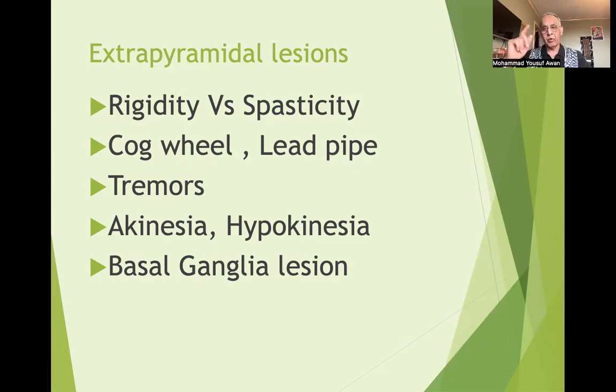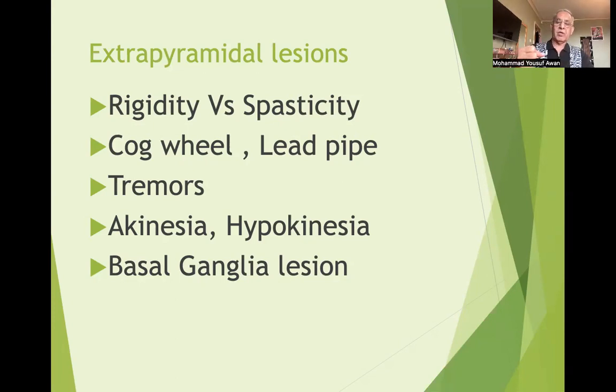With the upper motor neuron sign or the pyramidal tract sign, like I mentioned, the tone is increased. But in upper motor neuron lesion or pyramidal tract lesion, the tone is increased in the flexors of the upper limb and extensors of the lower limb.